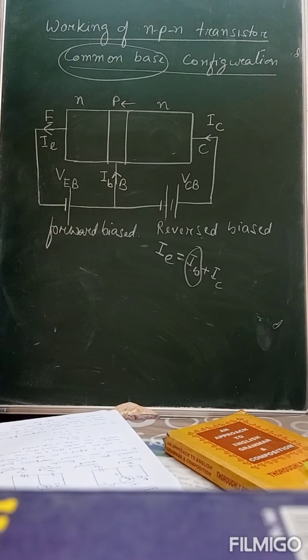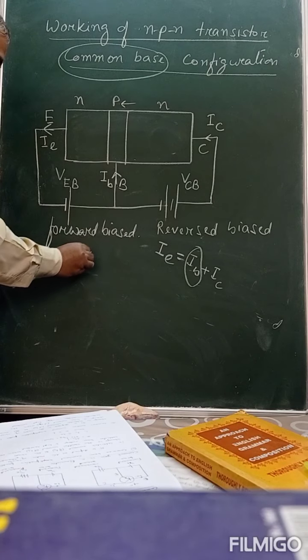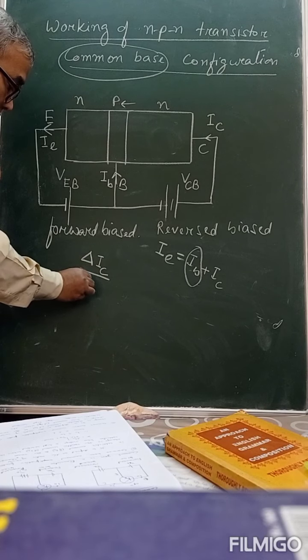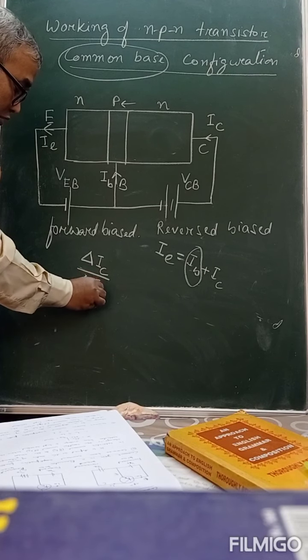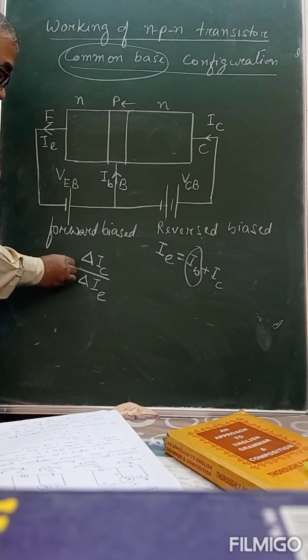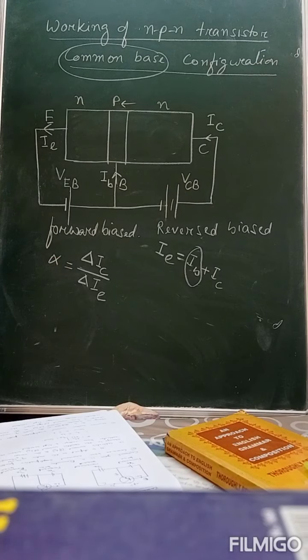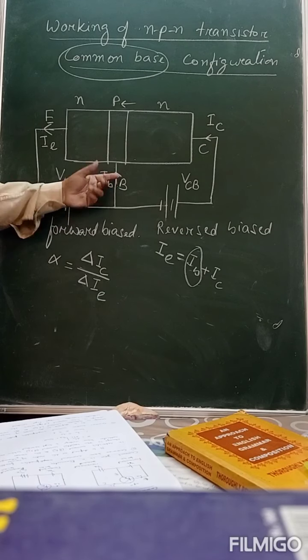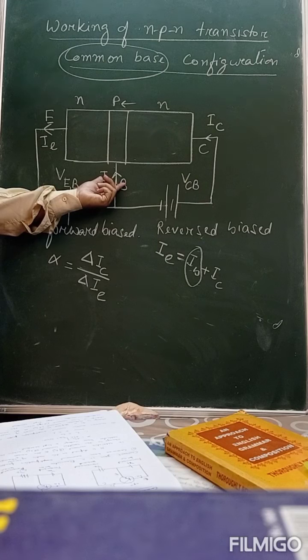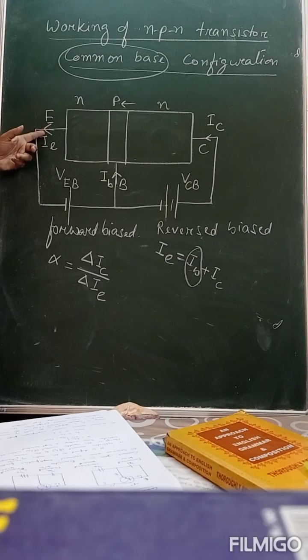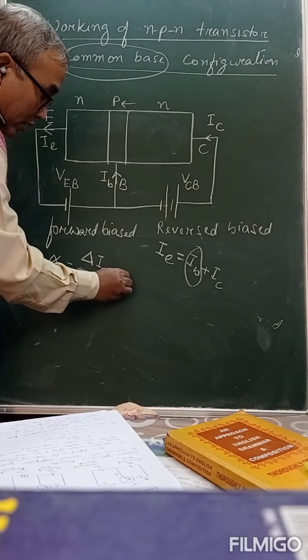So we study the change of collector current with respect to the change of emitter current, and this constant is called alpha.